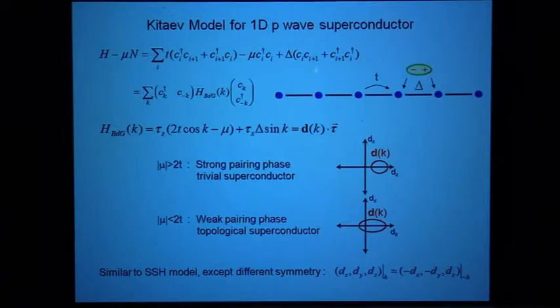Okay, and by thinking of each of these sites, so each of these sites has an operator C on it, which is a Dirac fermion, and so Kitaev imagined thinking of this as a pair of Majorana fermions.